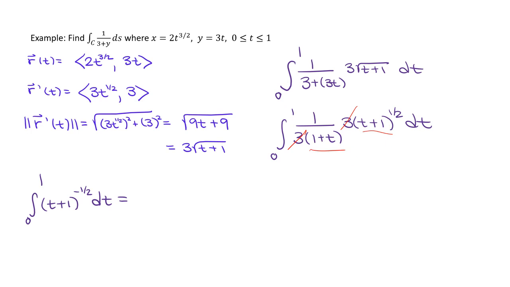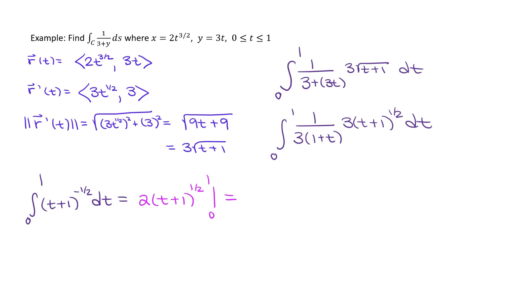Because those quantities have the same base, we can just subtract the exponents. 1/2 minus 1 is -1/2. So we can rewrite this expression as (t plus 1) to the -1/2. All right, so we're going to integrate (t plus 1) to the -1/2 from 0 to 1.